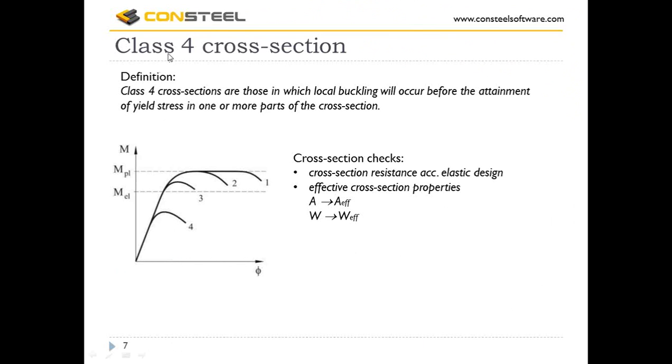A few words about class 4 cross-sections. What is the definition of the class 4 cross-sections? The class 4 cross-sections are those in which local buckling will occur before the attainment of the yield stress in one or more parts of the cross-section.